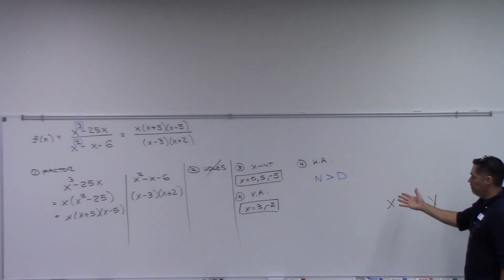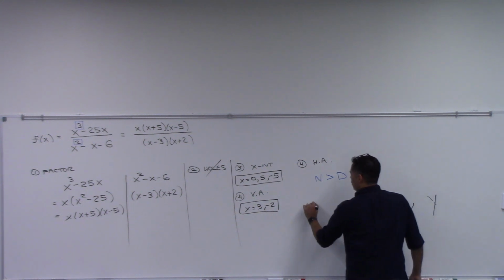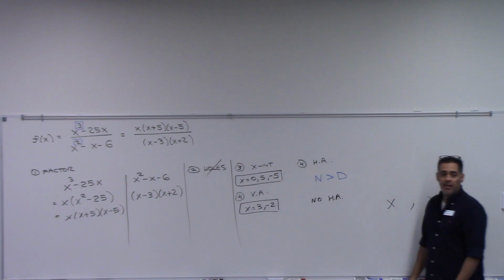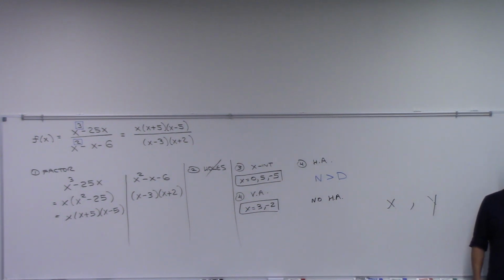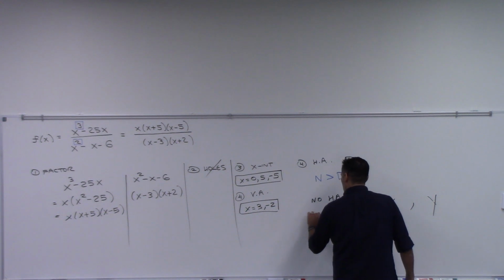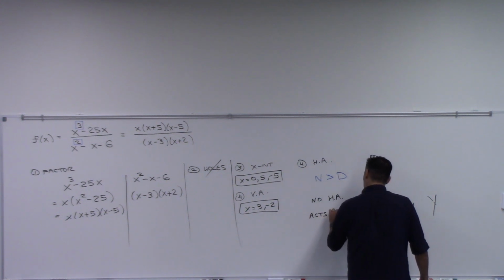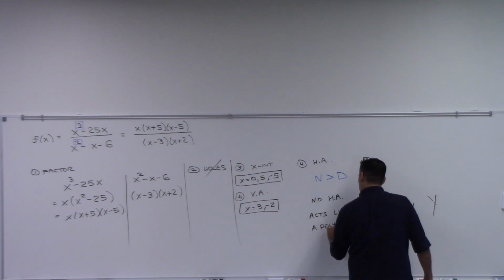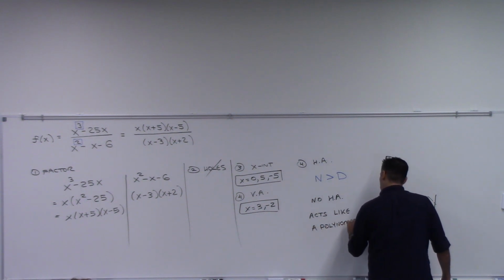So what happens here is you have no horizontal asymptotes. There aren't any. There's no flattening out, which means that it acts like a polynomial function.